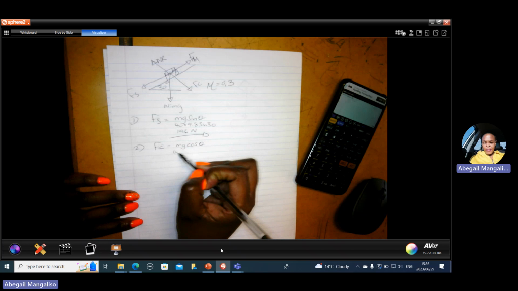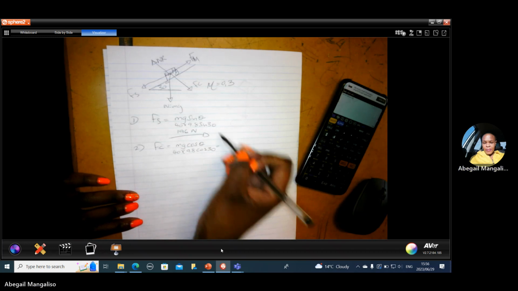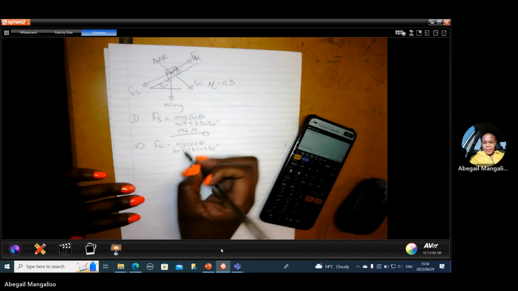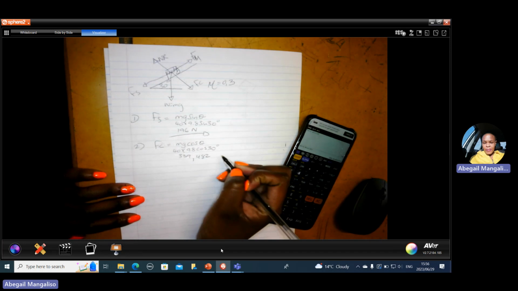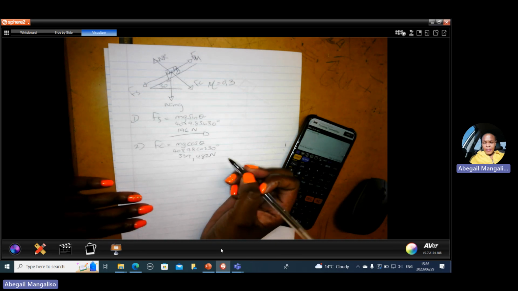So m is 40 multiplied by 9.8 cos of theta. You use your calculator to get the answer, 339,482, three decimals after the comma unless stated otherwise. That is the weight component that is perpendicular to the plane.